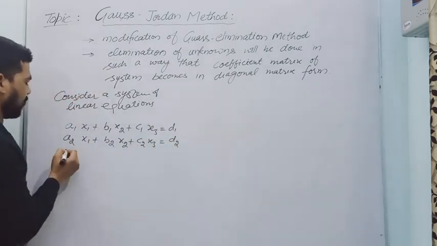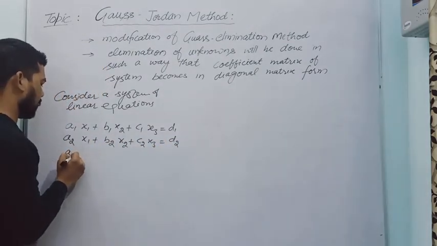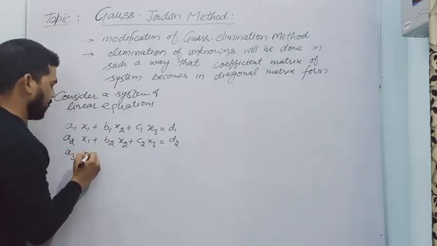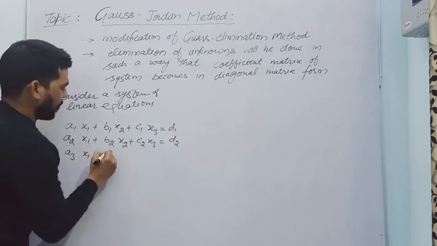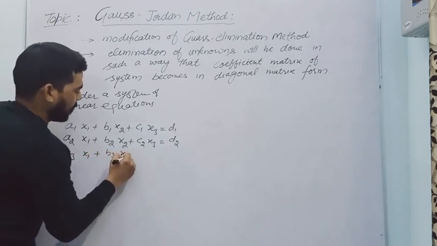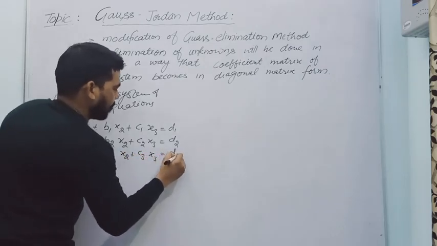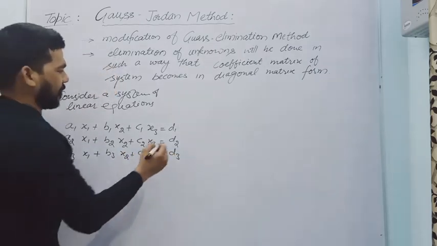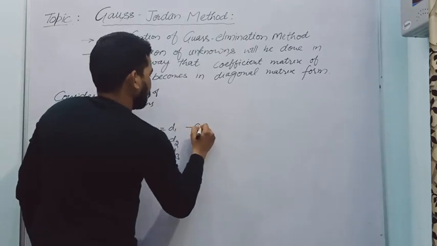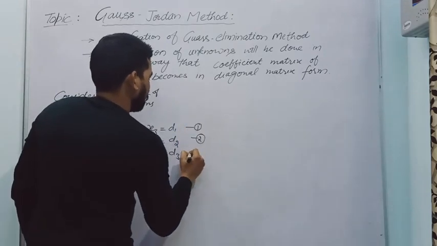And suppose I write the third equation as A3, B3, C3, D3. So I have this system. I call them equation 1, equation 2 and equation 3.